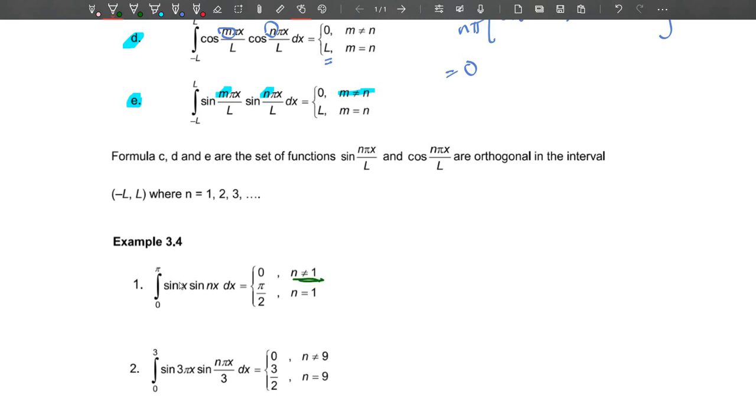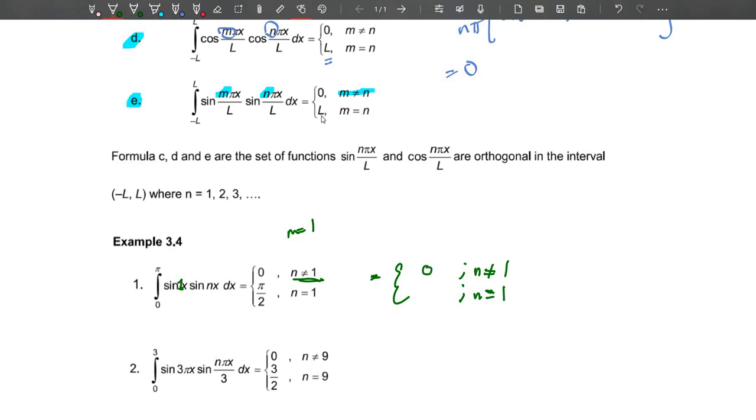So this is n. What is the value in front of x? 1. So by right, m is equal to 1. First, you know that your piecewise function would be one case when n does not equal 1, and the other when n equals 1. That's the first step. Next, since n does not equal 1, it's automatically equal to 0.